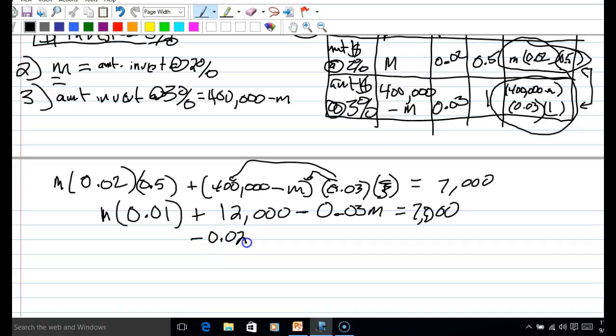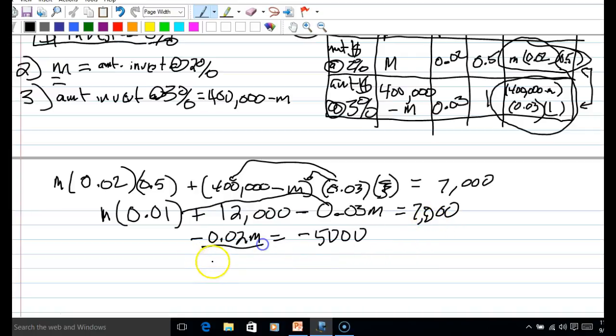Now, collecting my like terms here, that gives me minus 0.02 M, and subtracting 12,000 from both sides. So if I subtract 12,000 from 7,000, that gives me negative 5,000. So again, I combine these two terms, and I subtracted this from both sides.